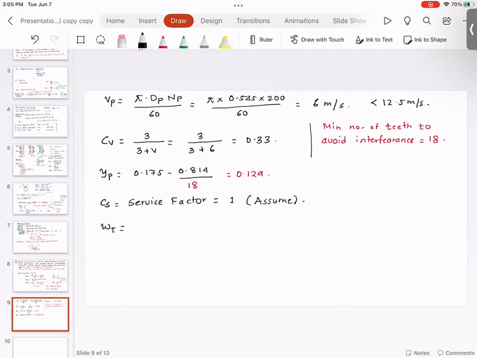WT is power by V multiplied by service factor: 22.5 times 10 to the power 3 divided by 6 multiplied by 1. Tell me what is this answer?